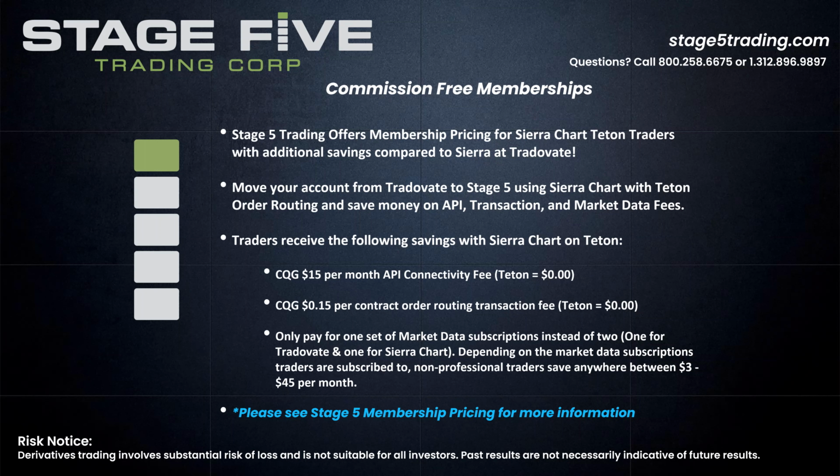And depending on the market data subscriptions traders are subscribed to, non-professional traders will save anywhere from $3, because top of book data at Tradovate is $3 per exchange. And then the full depth of market bundle is $45 a month.